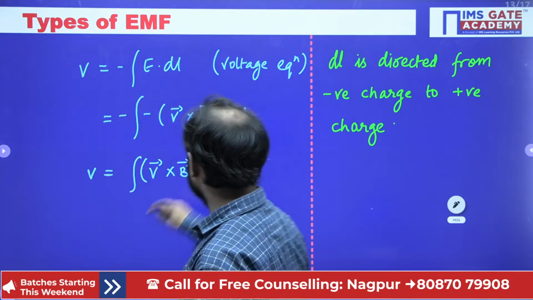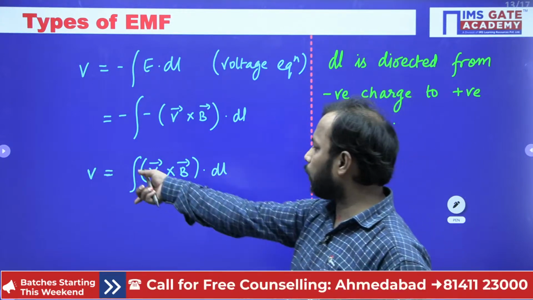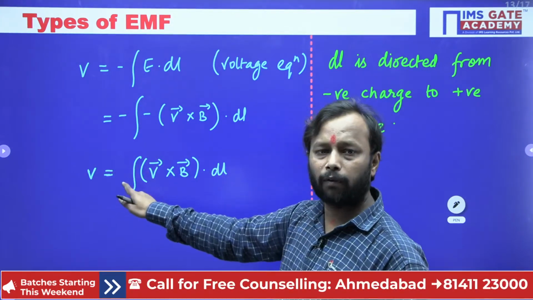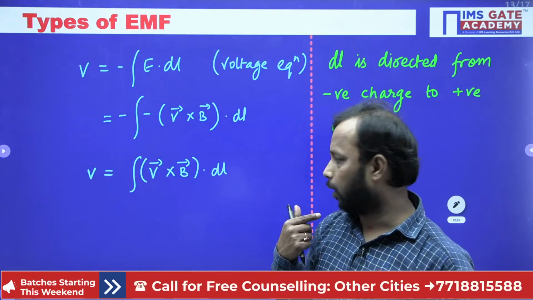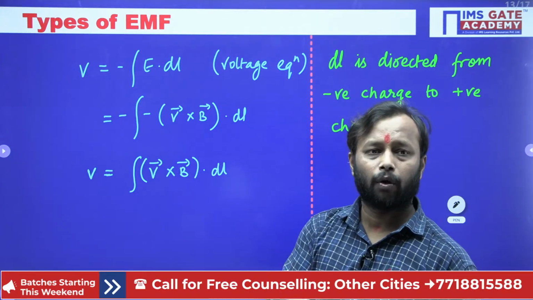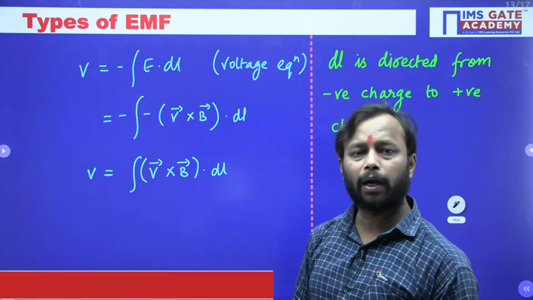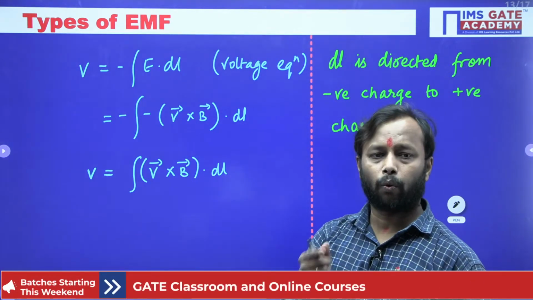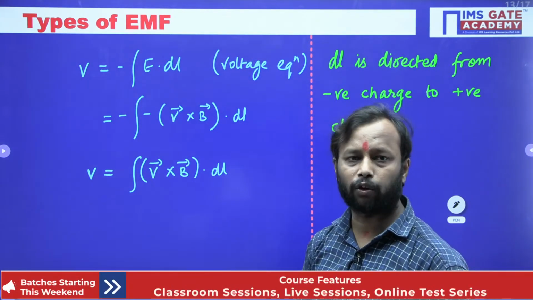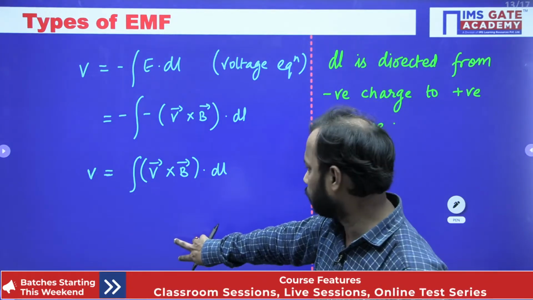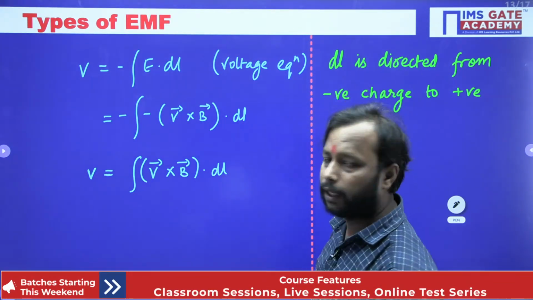All right, it is directed, means if you want to integrate, the lower limit will be the length where the negative charge is accumulated, and the upper limit will be the length where we have a positive charge accumulation. All right, so this will be the dl direction.